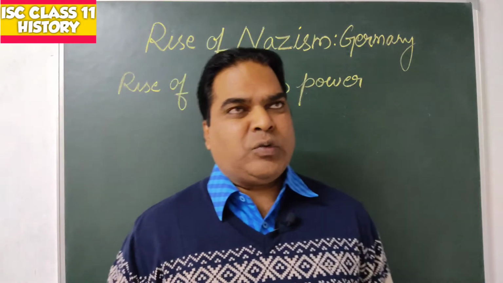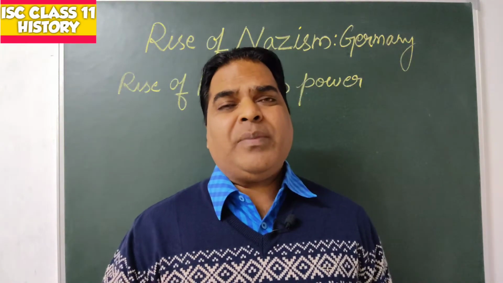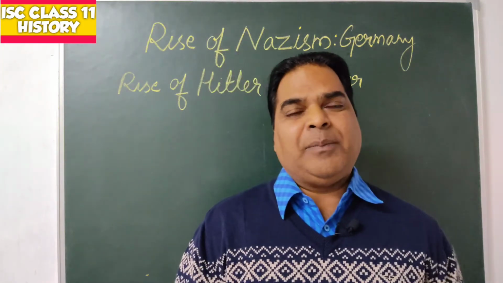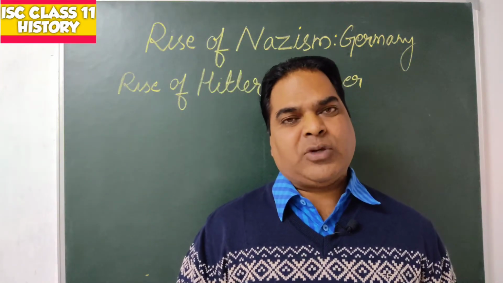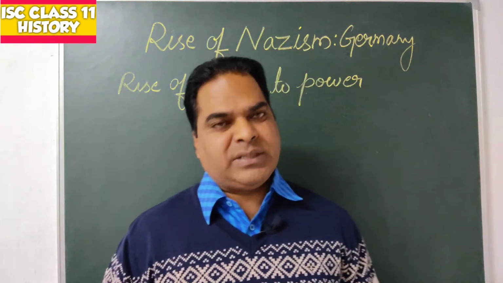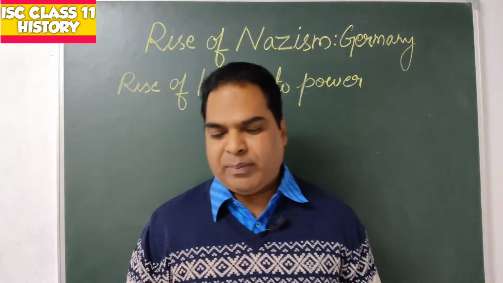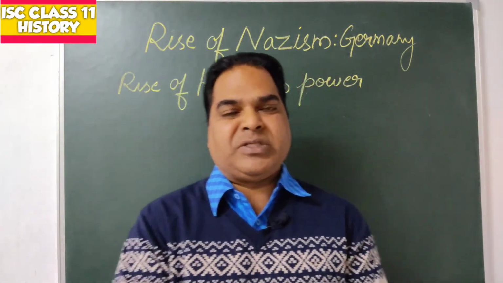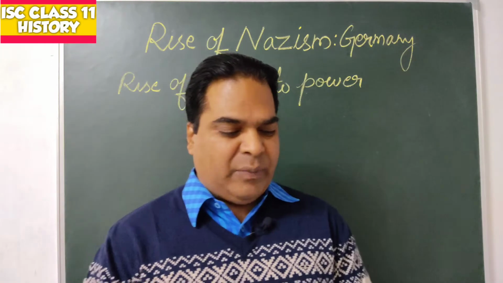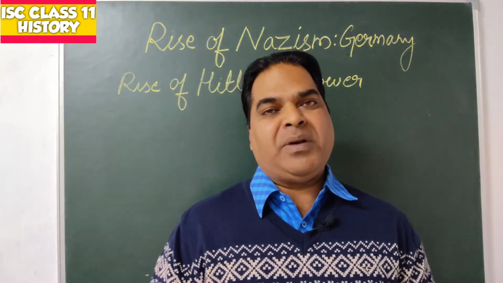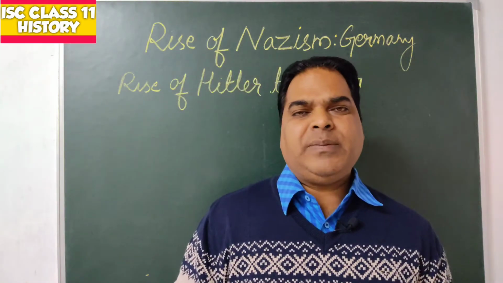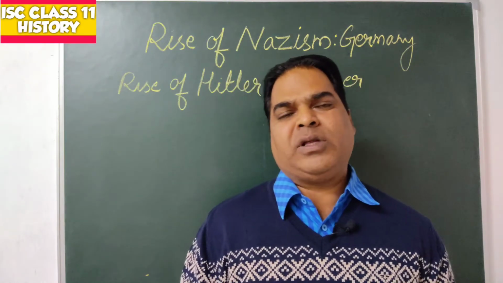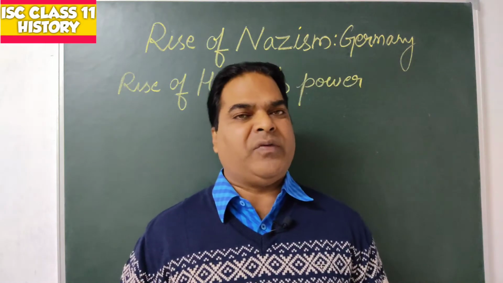After the First World War, the Weimar Republic was set up. Germany was declared a republican country, and in a place called Weimar, a republican government was set up. The first president of the Weimar Republic was Friedrich Ebert. This government was discredited from the very beginning for the signing of the humiliating Treaty of Versailles.